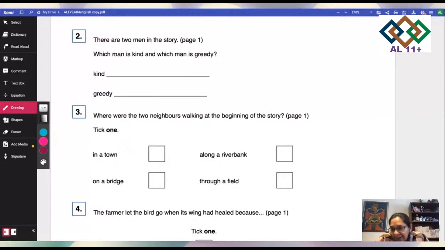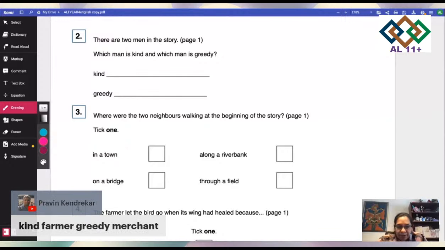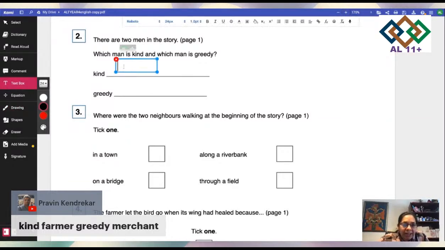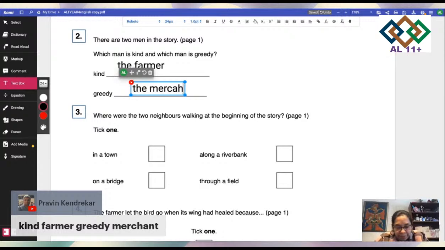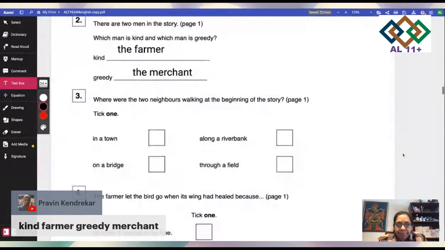Anybody ready? Kind, farmer, greedy, merchant. Very good, Parveen. That's absolutely right. So we got the answer here. So the answer is, the kind man was the farmer and the greedy man was the merchant. Well done.